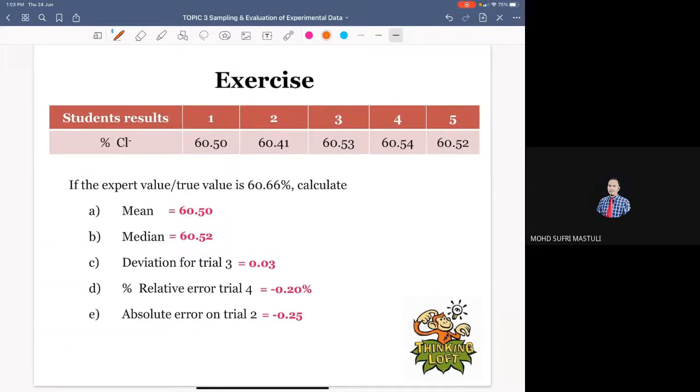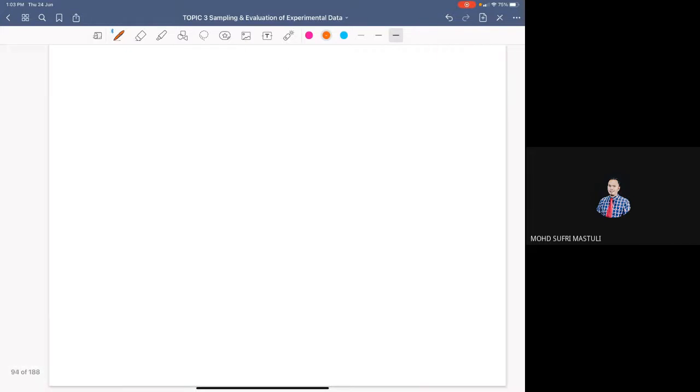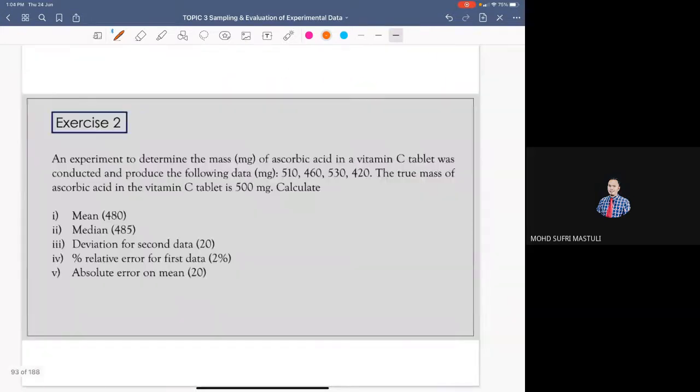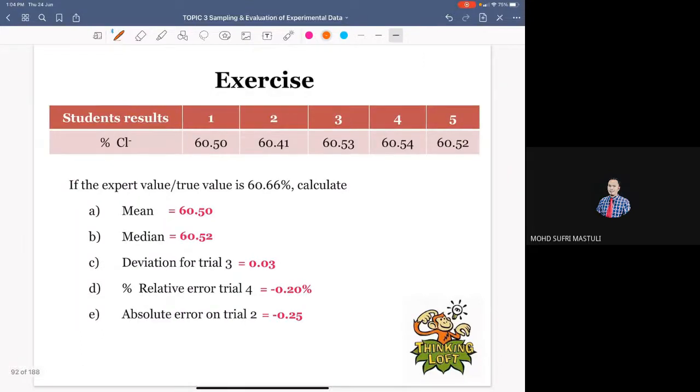So you can try this exercise. The answers are given. This is the experimental data, and this one is the true value, xt.